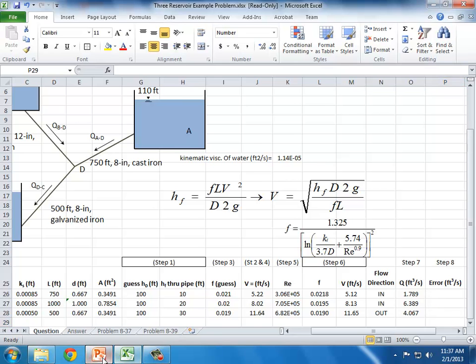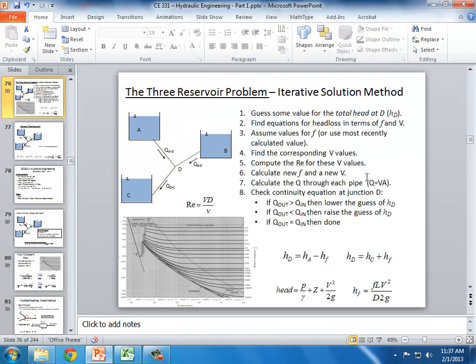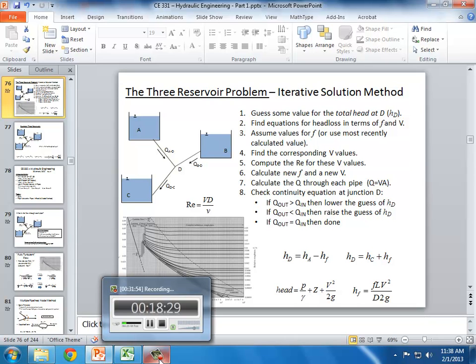Let's go back to our criteria and see what we're trying to judge. If out is bigger than in, then we need to lower our guess. If out is less than in, we need to raise the guess. So if we have out minus in, and it's positive, that means we need to lower the guess.